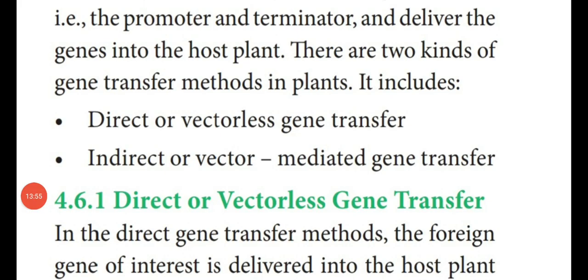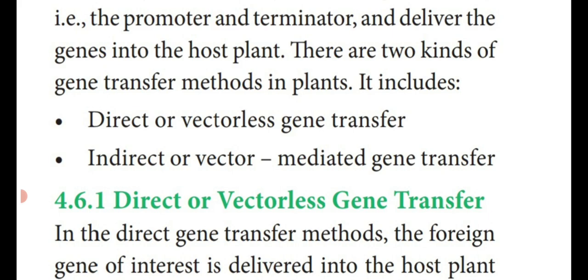So gene transfer is divided into two types. One is direct or vectorless gene transfer. That means without using a vector or a plasmid, they transfer the gene from one organism to another organism. That is direct gene transfer or vectorless gene transfer.